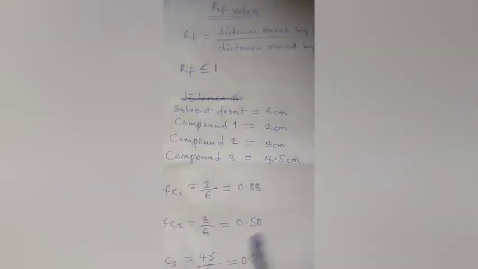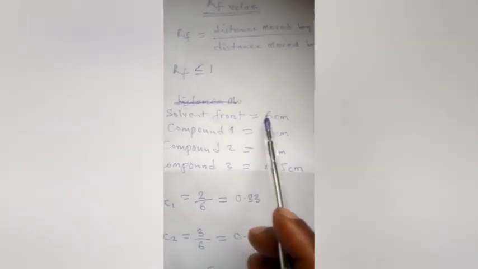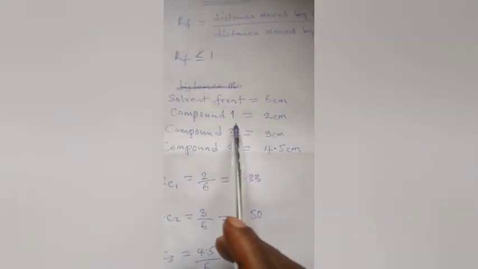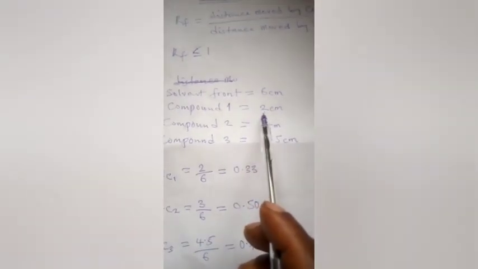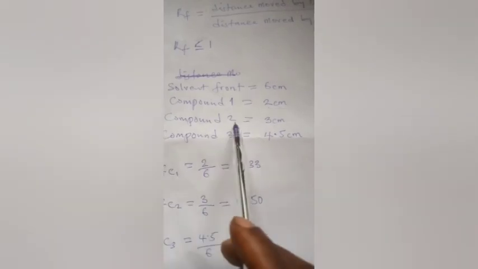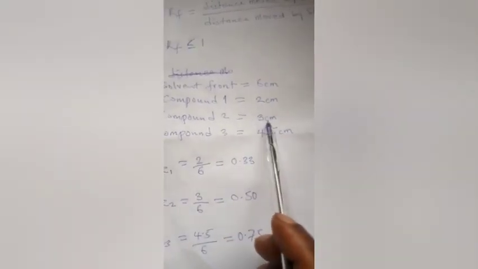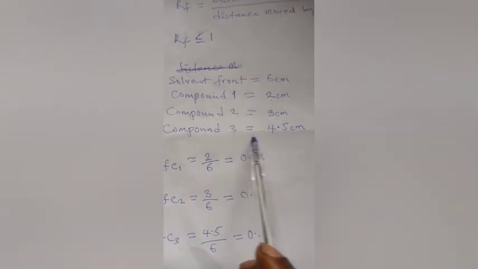Now, in an experiment where assuming the solvent front is equals to 6 cm, compound 1 is moved 2 cm, distance moved by compound 2 happens to be 3 cm, and distance moved by compound 3 happens to be 4.5 cm.